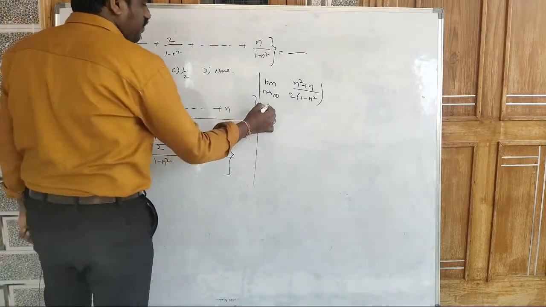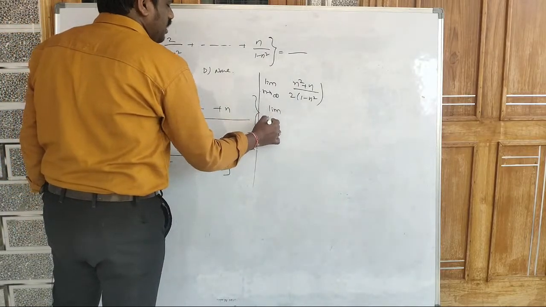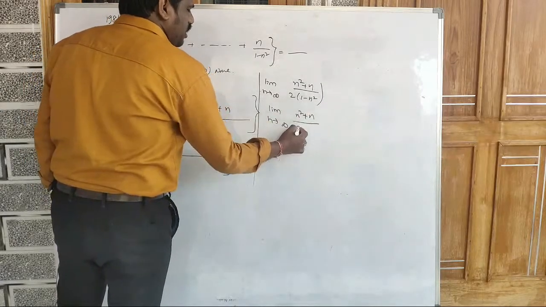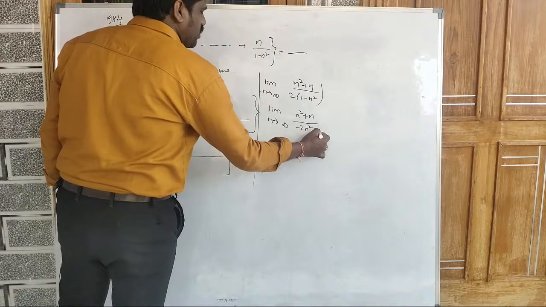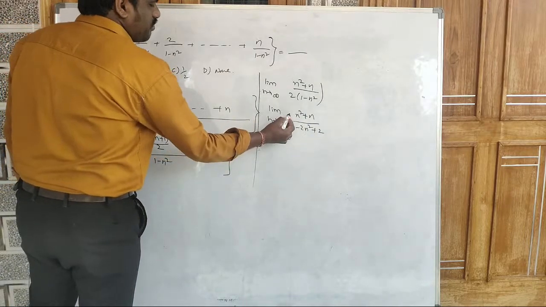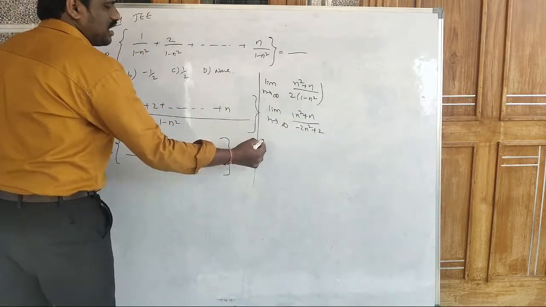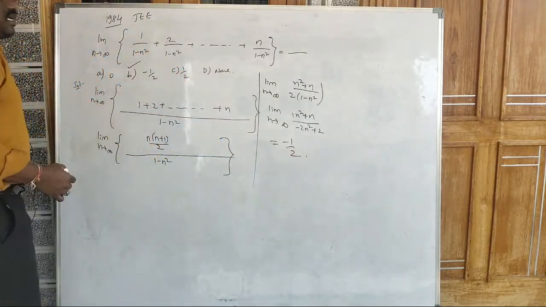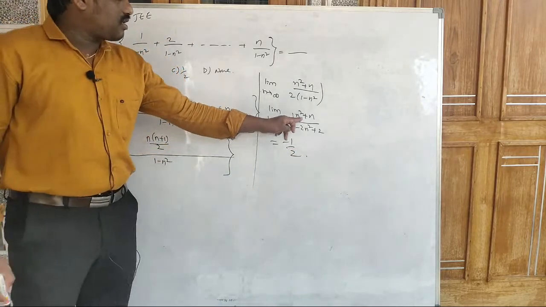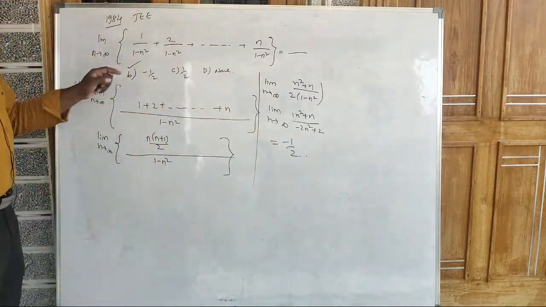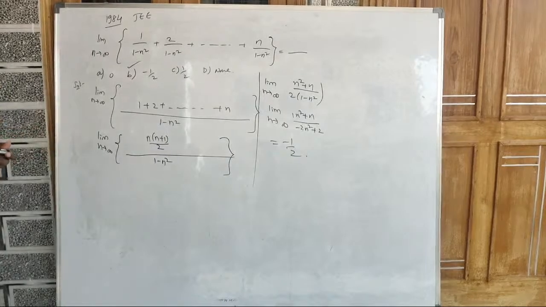I already informed you that limit n tending to infinity, you are getting n square plus n on top and minus 2n square plus 2 on the bottom. So the degree of numerator and degree of denominator are both the same. Then we can take the coefficients as the answer. So minus half is the answer. So directly B is the right answer, because here n square coefficient is 1, here n square coefficient is minus 2. So minus half is the correct answer.